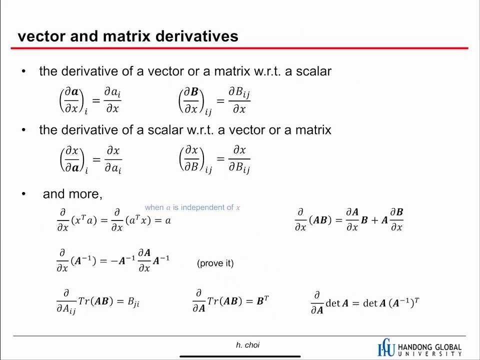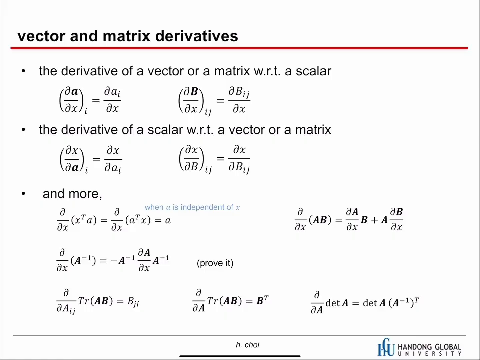Okay, and then the next one is vector and matrix derivatives. And we already talked about the function derivatives, right? So the derivative of a vector or a matrix with respect to a scalar is simple. So A is a vector.